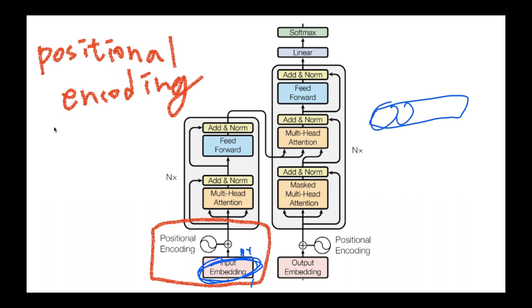If you just apply the feedforward neural network separately to them, the model doesn't know their position, which one is in position 1 and which is position 2. The model does not have any information about that. That's why we need positional encoding, which encodes the position information.